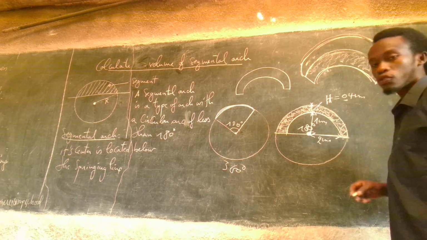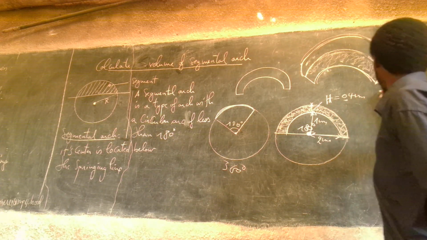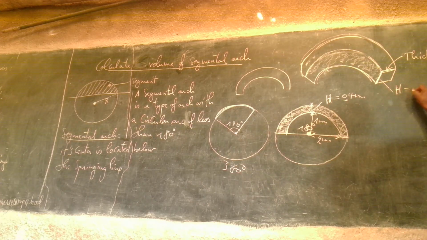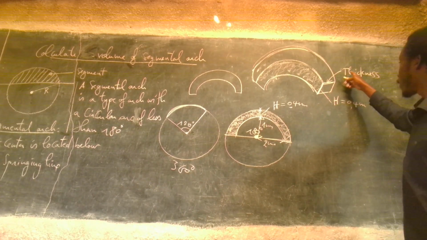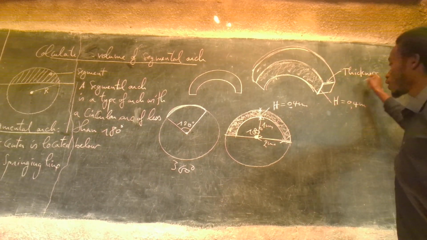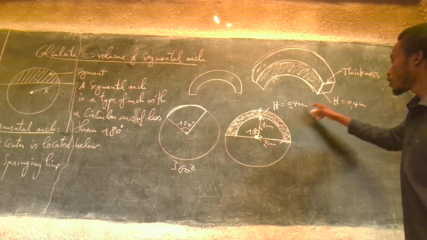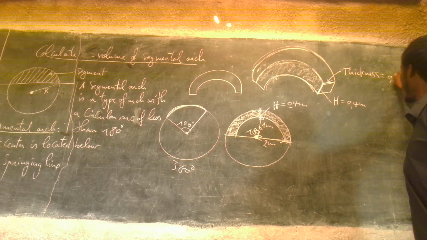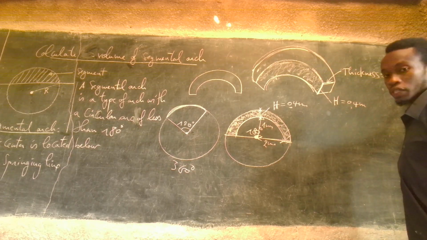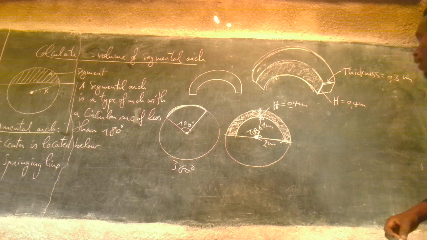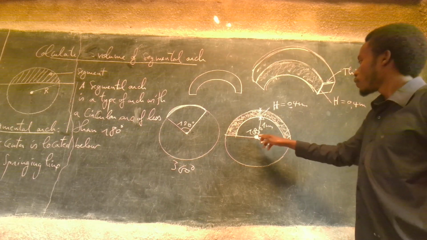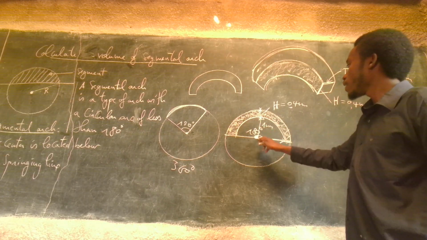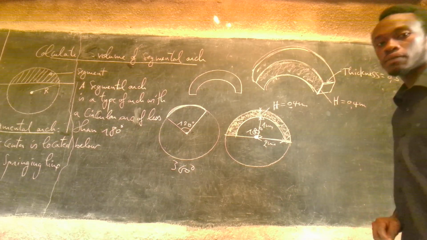And the thickness of the arch, let us take it as 0.3 meter. And also we have the radius of 2 meters. We have also the rise of 1 meter.